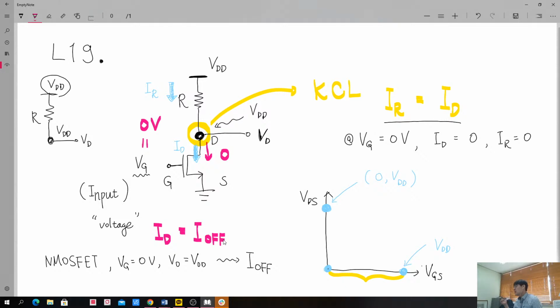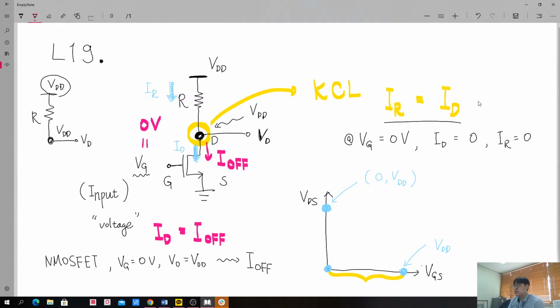Then please think about this one. Instead of exactly 0, although it is quite small, now we have Ioff.